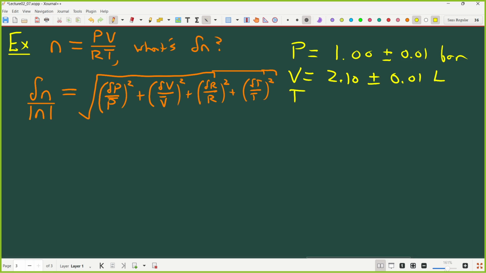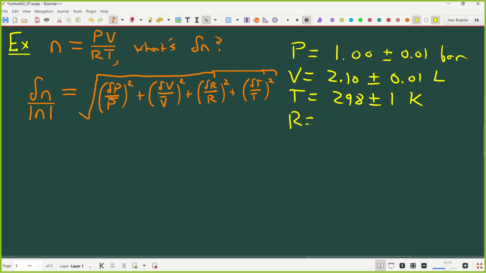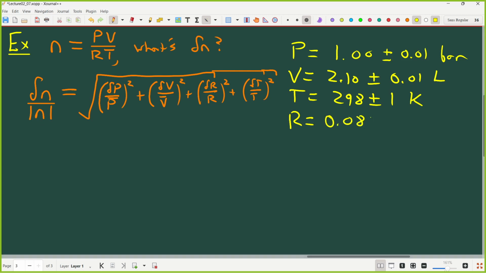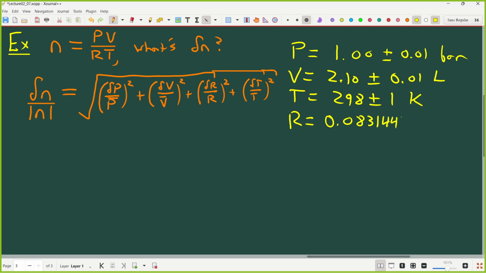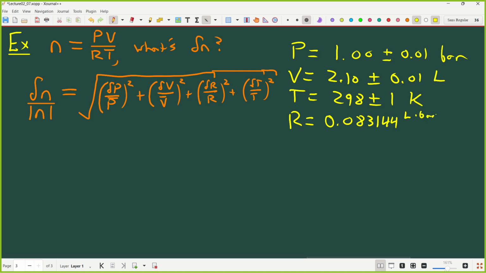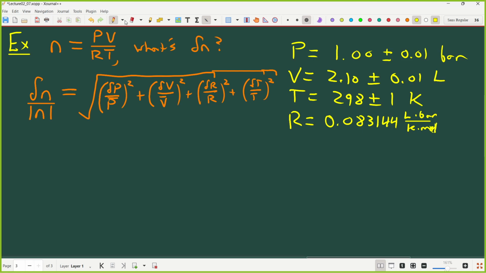And the temperature, as you guys probably saw, you can really only get to 1 degree, so 298 plus or minus 1 Kelvin. And R here in these units is 0.083144 liters per bar per Kelvin per mole.